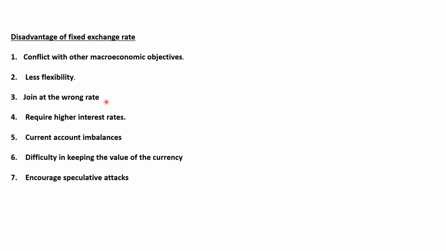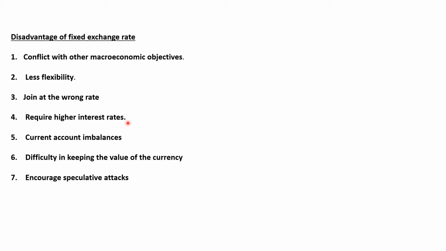Then the fourth point is requiring a higher interest rate. If the currency falls below the fixed exchange rate, the government will increase the value of the currency by increasing the interest rate. This is the measure the government takes when there is a continuous fall in the currency rate.